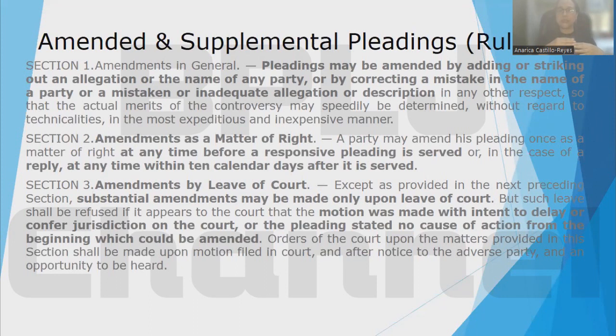Amendment in that case has to have permission from the court. The permission will not be granted if the amendment sought to be introduced is a substantial amendment, and the motion was made either with intent to delay, to confer jurisdiction on the court, or to plead a cause of action when there was none in the beginning.